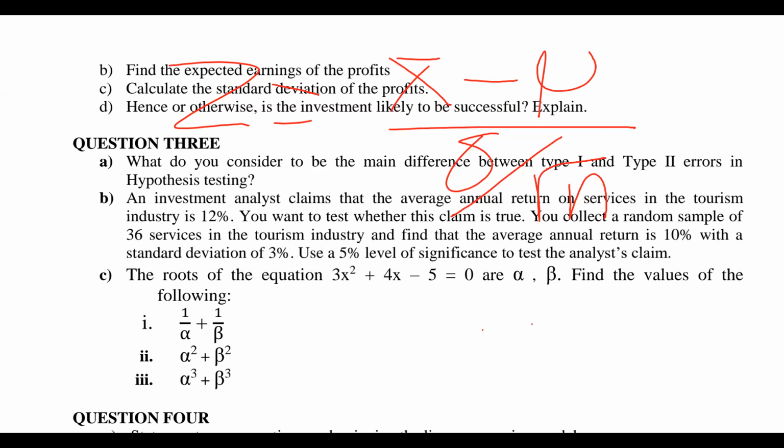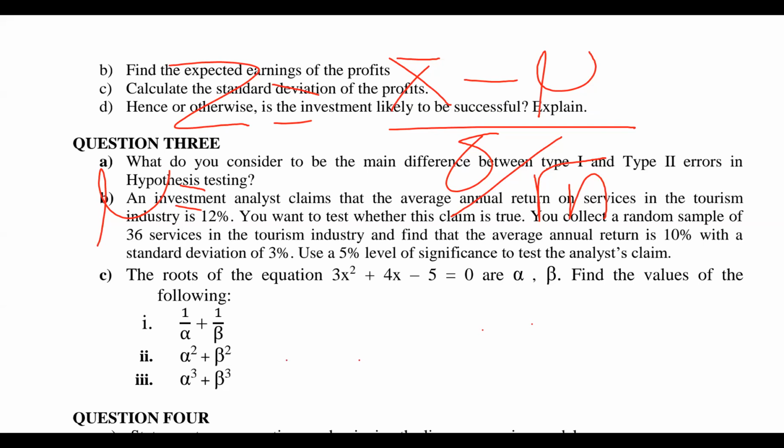All right, let's collect data. The mu is the population mean, the same as the average. What is the average from the population? It is 12%, right? The industry analyst claims that on average, the annual return on services in the tourism industry is 12%.